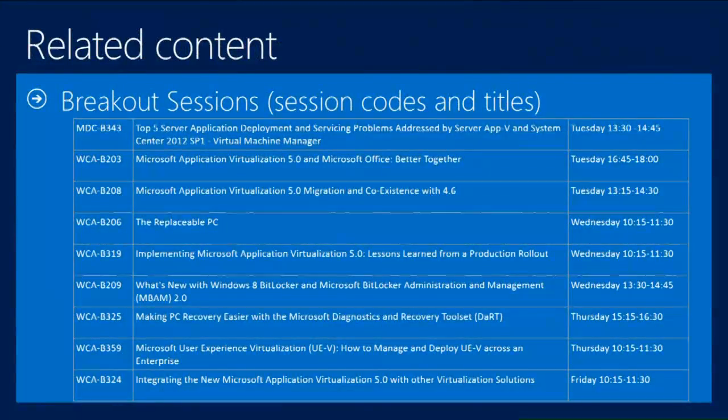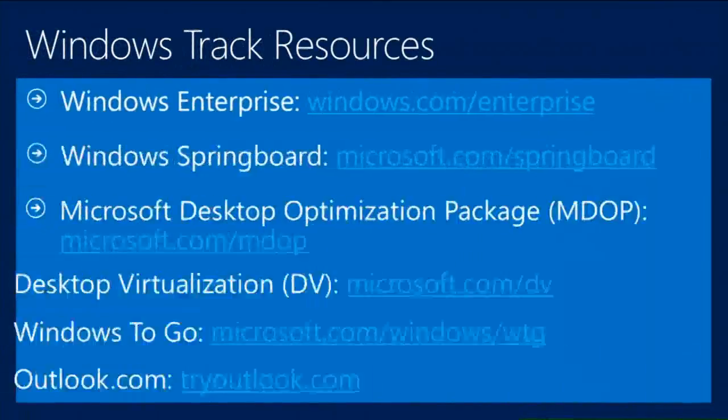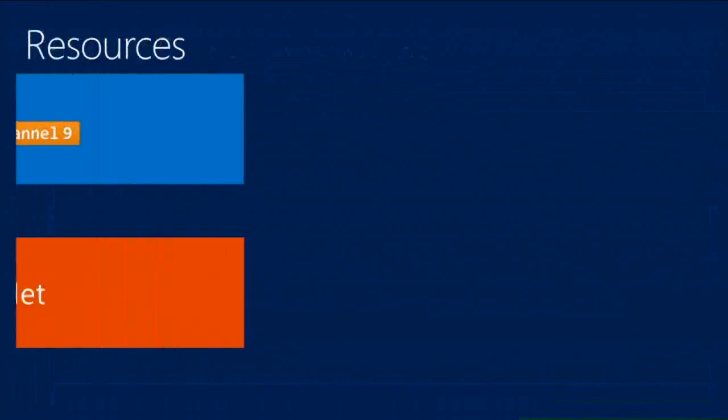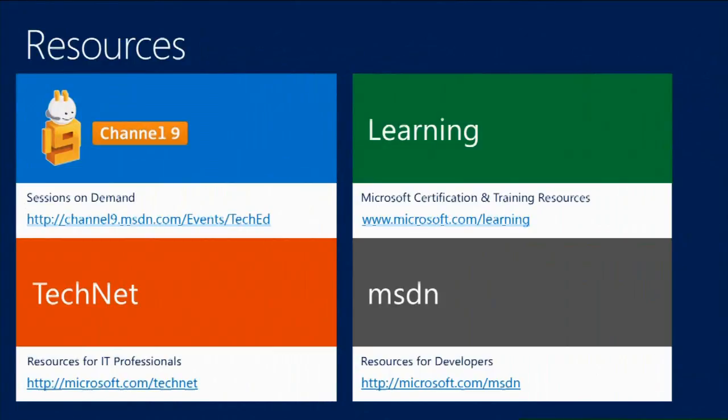We had our coexistence and migration demo. But we have some other MDOP presentations coming up later in the week, so check those out. A couple of Windows track sources that you can also take a look at for more information. Additional resources can be found here.